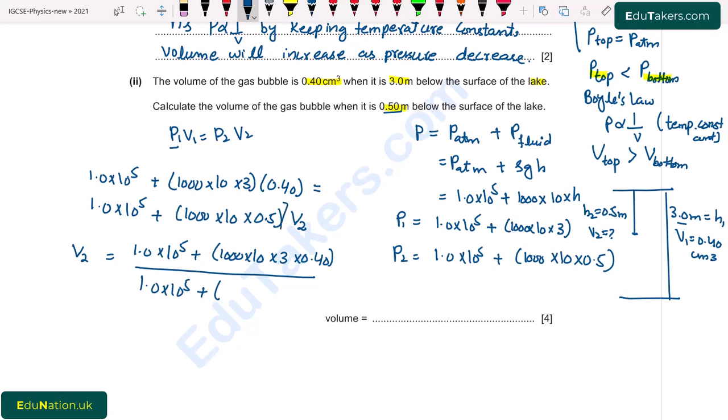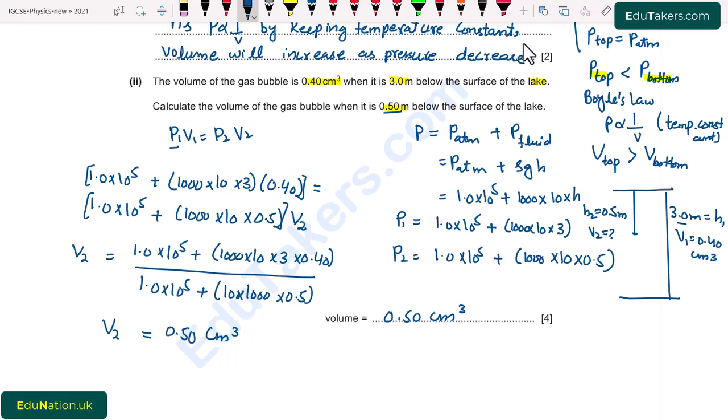This is the total pressure, therefore I write brackets here. So V2 comes to be 0.50, and the unit of volume is centimeter cube. 0.50 centimeter cube.